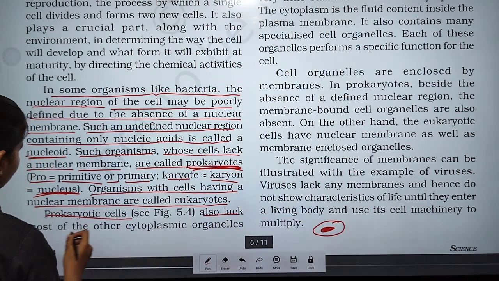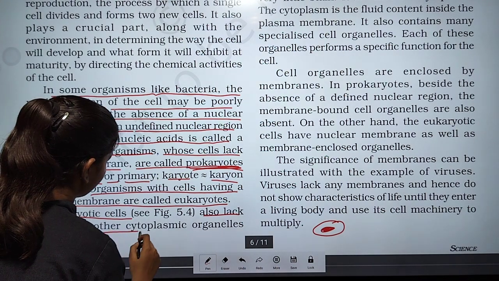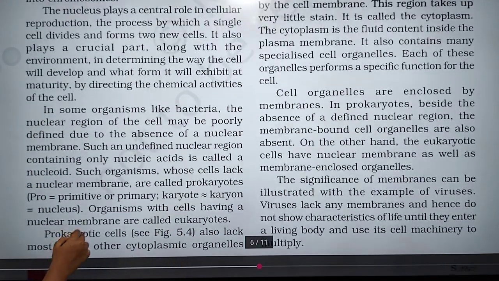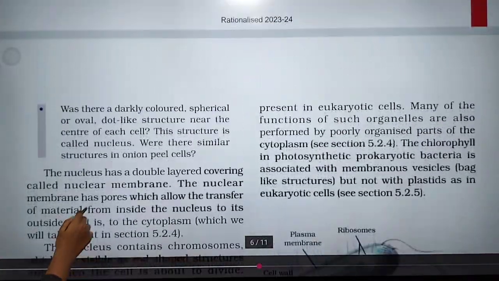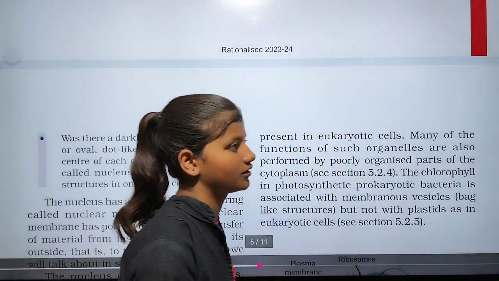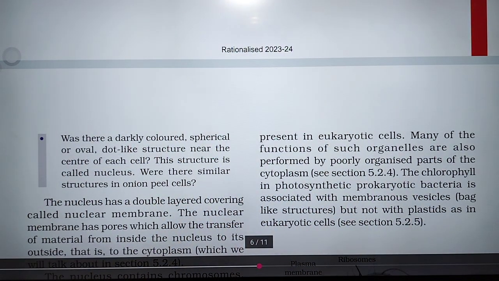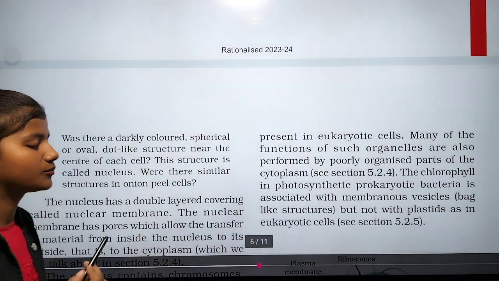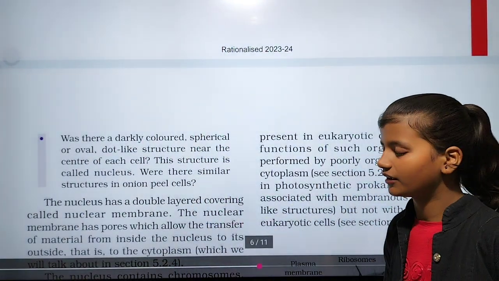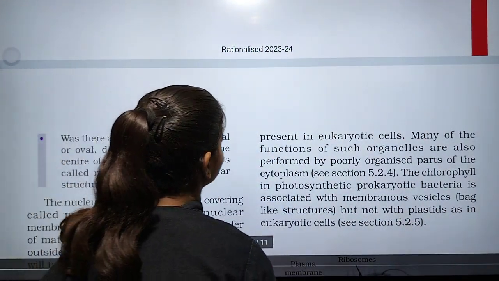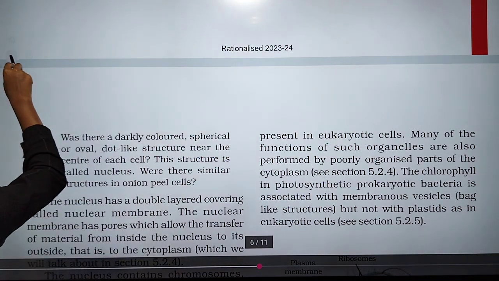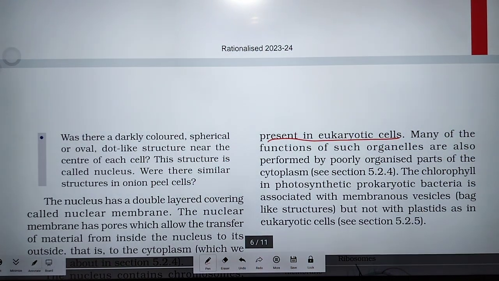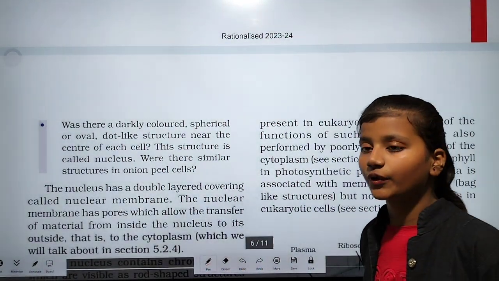Prokaryotic cells also lack most of the other cytoplasmic organelles, like mitochondria, Golgi body and lysosomes, and many other types of organelles that are present in eukaryotic cells.